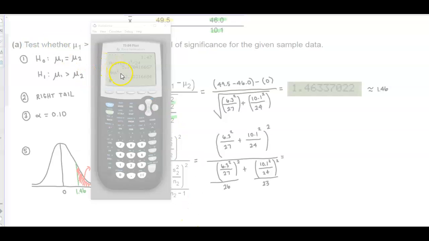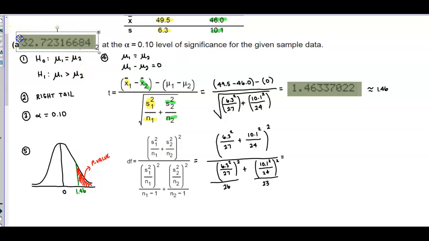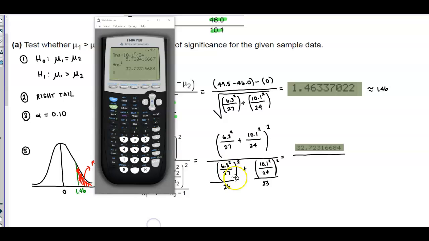Then we divide it by the denominator. We have 6.3 squared divided by 27, square that number, and divide by 26.